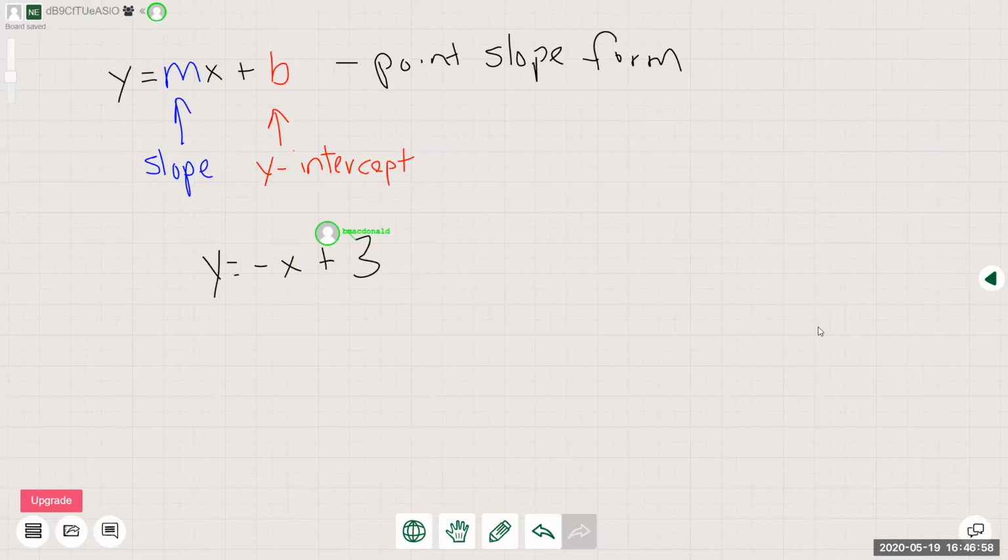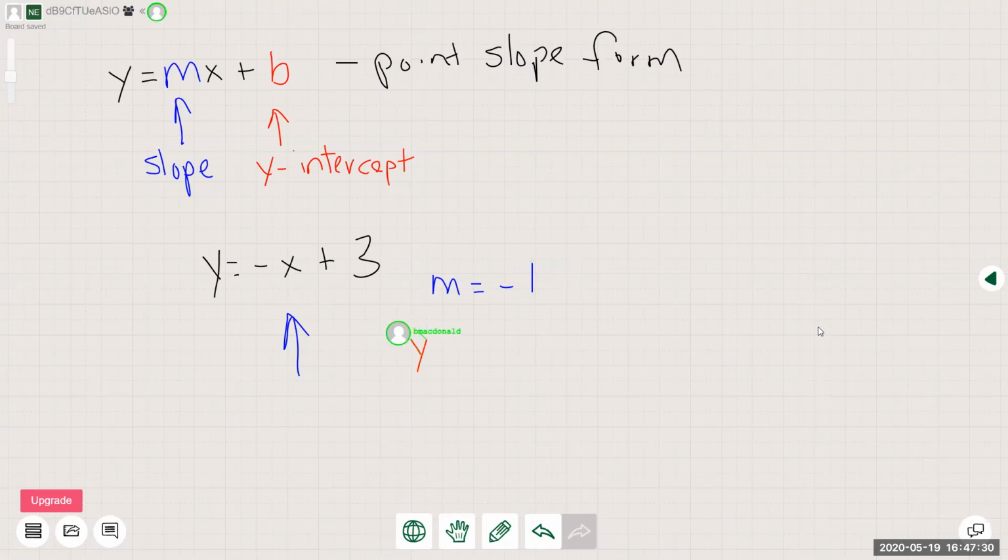So looking at this, we're going to have our slope be a -1. And the reason that is because that -x, whenever we have a variable alone like that, like an x or a y or whatever, it's assumed that the number in front of it is a 1. So you have one x there. So in that case, our slope would be a -1.